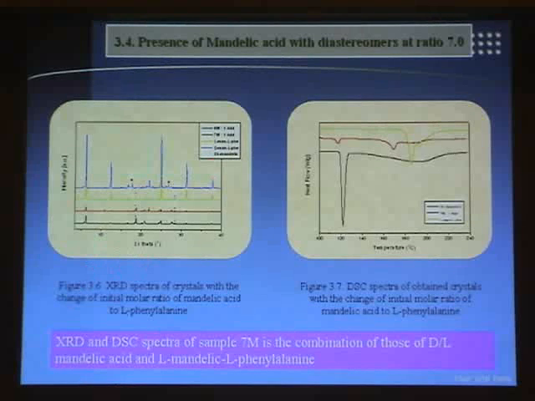But at ratio 7, we have a different XRD peak, as you can see here. It's a combination of L-mandelic acid L-phenylalanine and DL-mandelic acid.